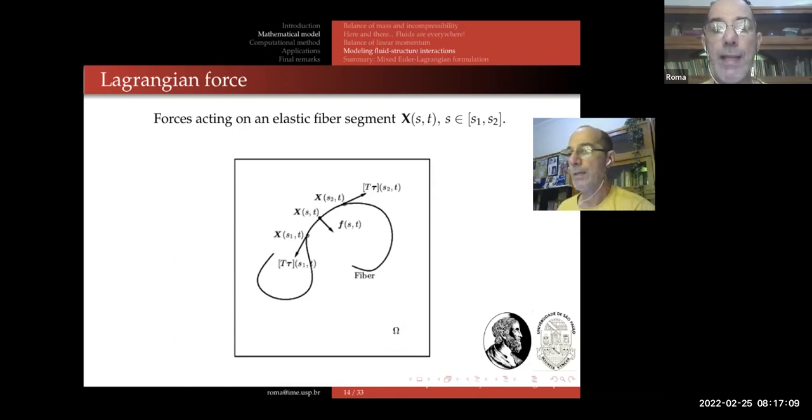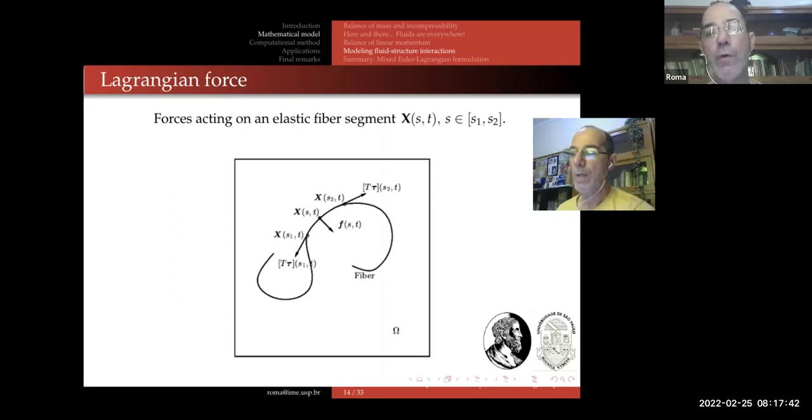This tension force acts along the tangent direction, and it's caused by this other part of the immersed boundary, okay? Here I have the same thing. I have a tension force acting at this point, and it's caused by the remaining part of the immersed boundary connected to it over there.